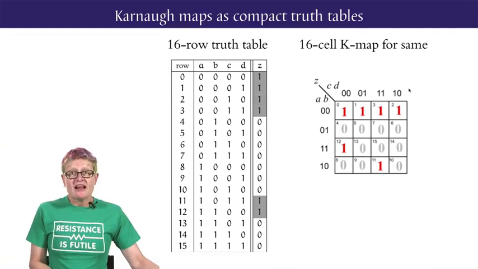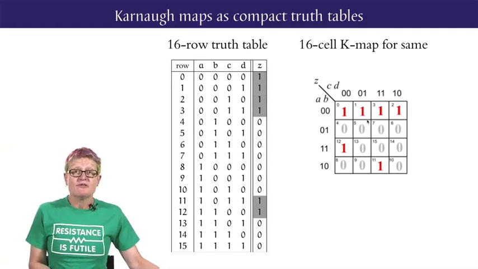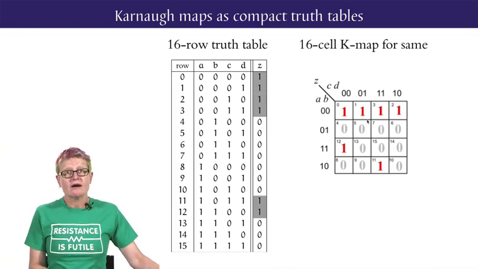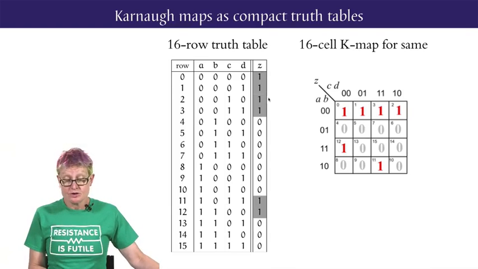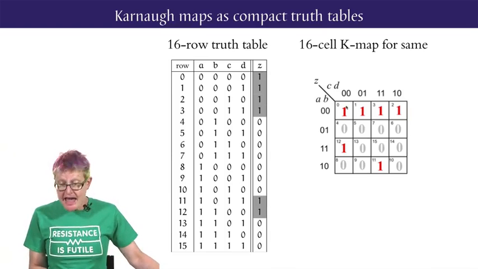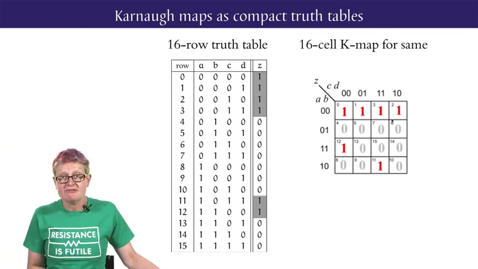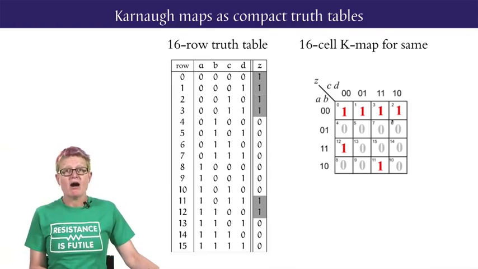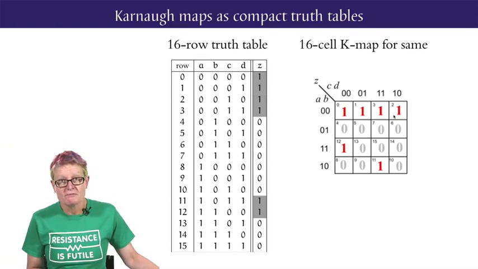Again, the bit value entries inside the grid cells are the values for output Z. In the truth table, output Z is 1 in 6 rows, those numbered 0, 1, 2, 3, 11 and 12. In the K-map, there are likewise 6 cells containing bit value 1 marked in red, the cells indexed by 0, 1, 2, 3, 11 and 12.